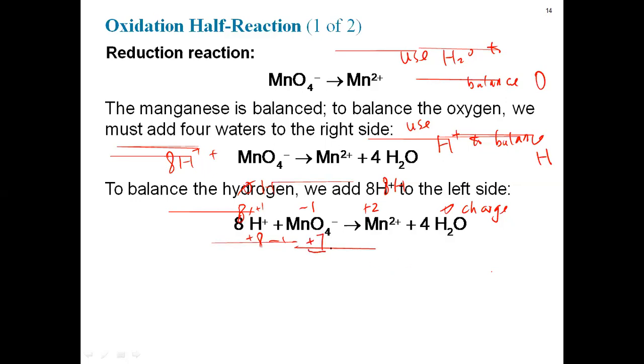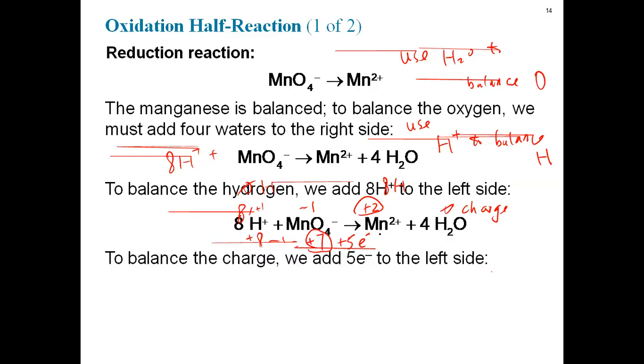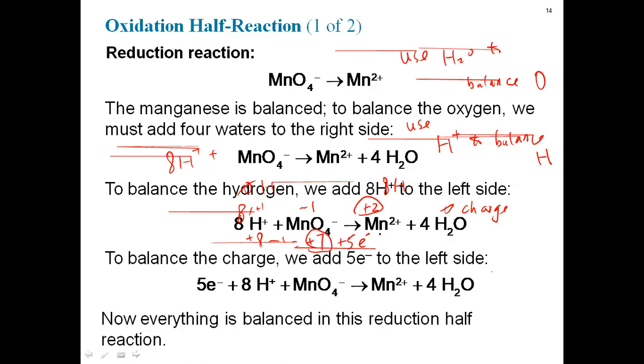You want to balance the +7 with the +2. What do you use? You use electrons. Electrons are negative, so adding every 1 electron gives you 1 negative. Right now I have 7 plus. You want to go to 2 plus. So therefore, add 5 electrons. So now this equation is balanced.